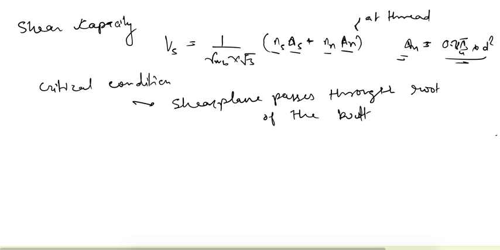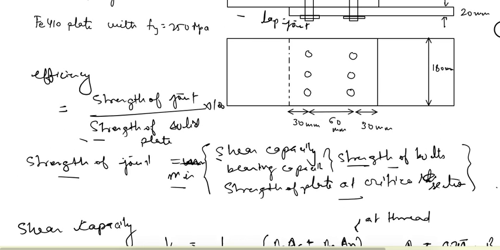Using this formula, because it's a single shear, ns we are taking as 0 and nn we are taking as 1. So An is equal to 0.78 times pi by 4 d square. What is the dia of the bolt?